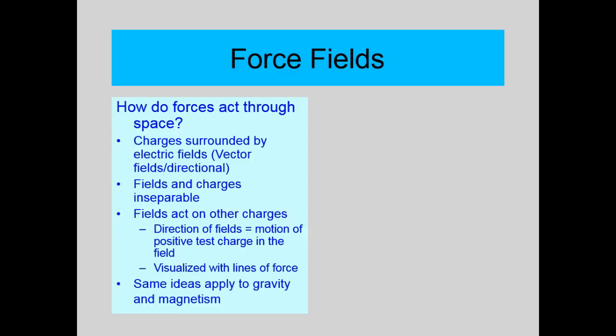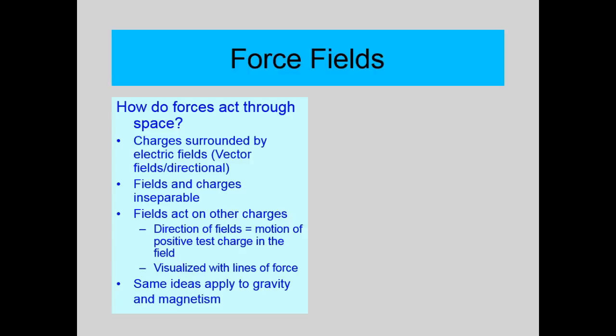Just like Earth going around the sun is not touching the sun, but is kept in orbit by the sun. So how do these forces act through space without contact? I know when I hit the desk, I exert a force on it, that's a contact force. How do these forces work?